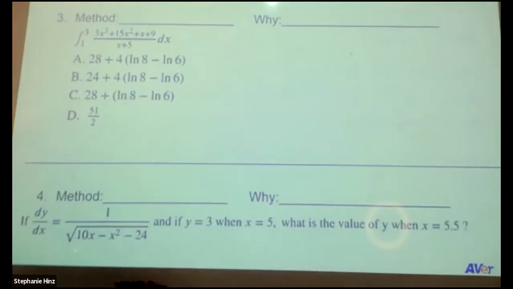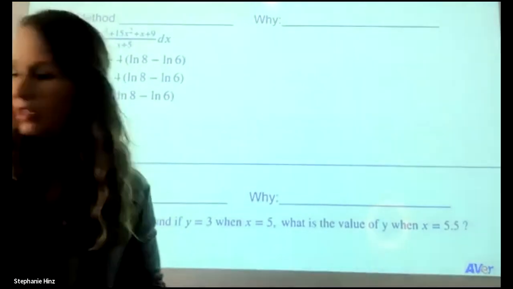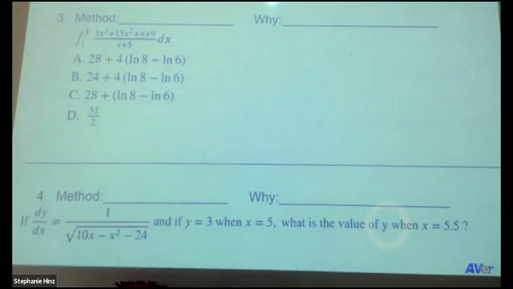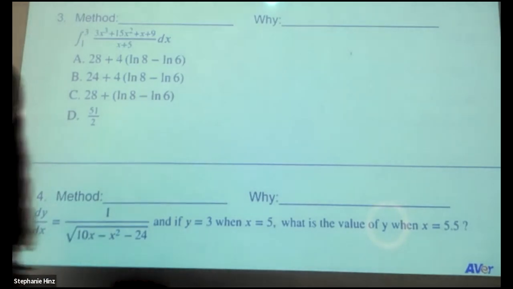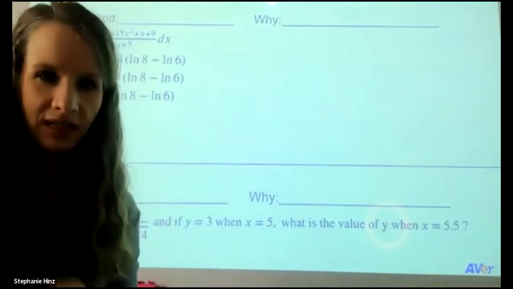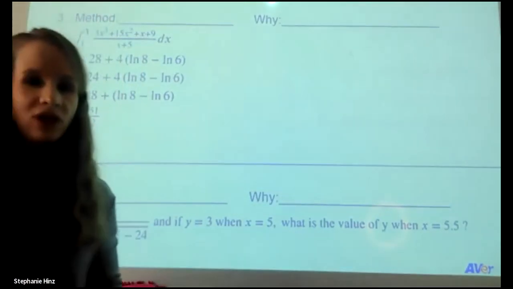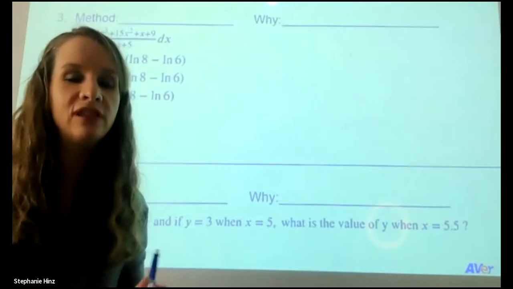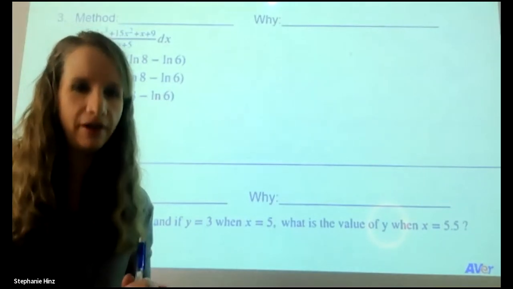All right, so number 3 might be a little bit more along the lines of some of the things you have seen, maybe not. So if you glance at this one, and again, my brain says U substitution first. So when you select a U substitution, hopefully you remember you want to go with a higher power.